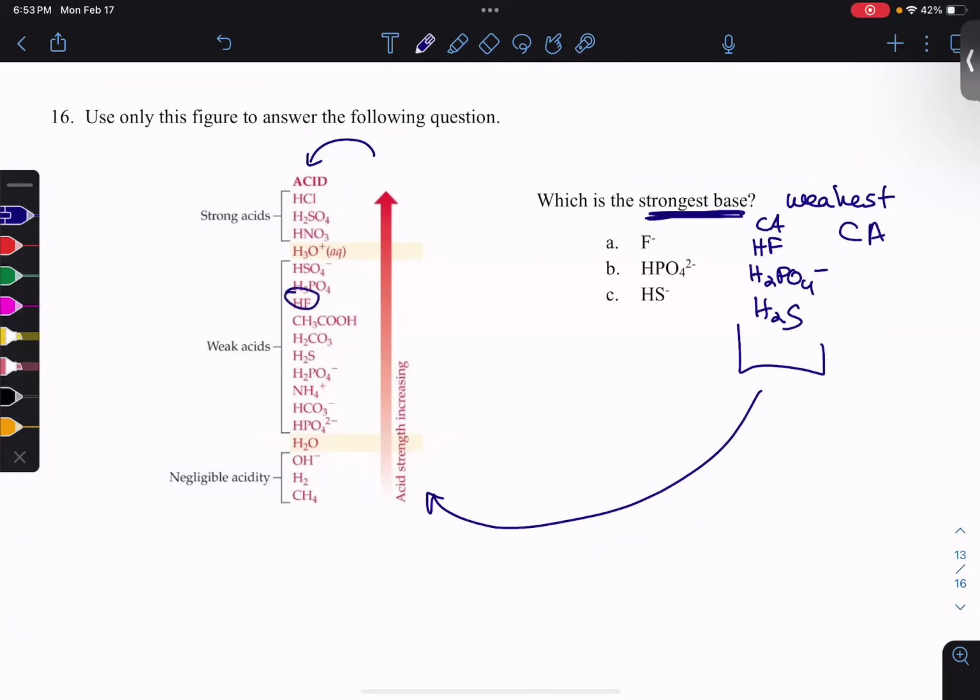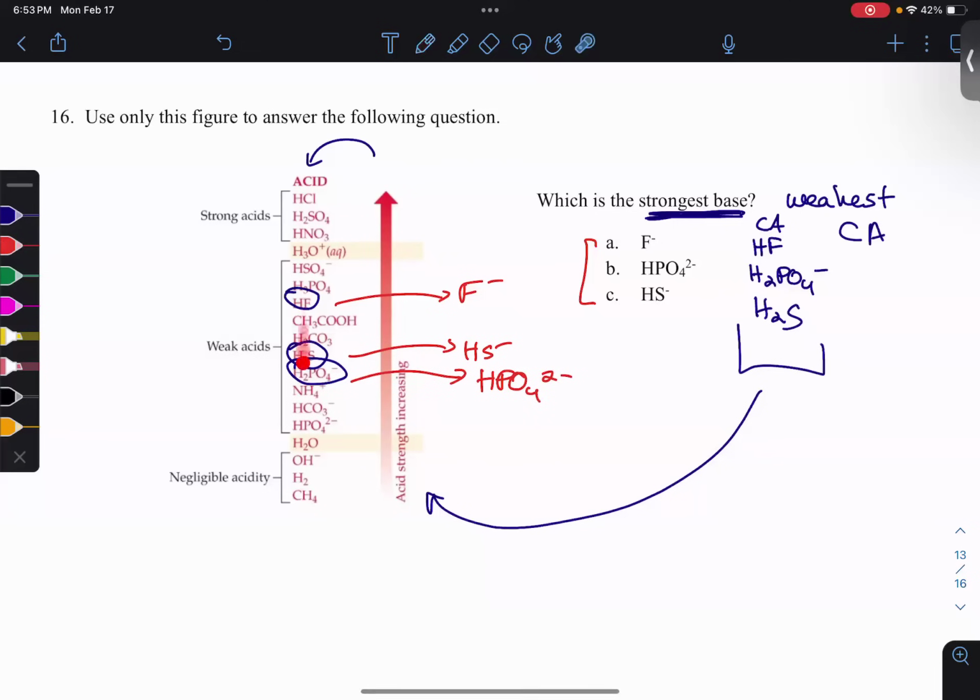We're looking for HF, we're looking for H2S, and we're looking for H2PO4 minus, because these bases that are actually given, they are on the other side, but we can't see them. HS minus, HPO4 2 minus, right?